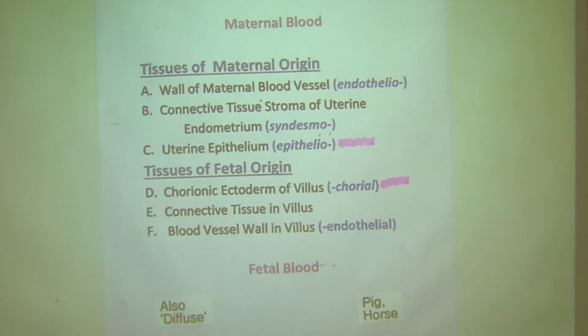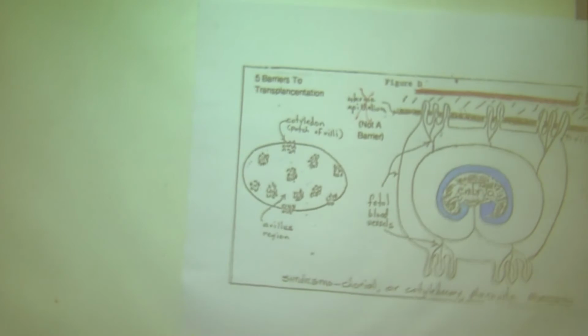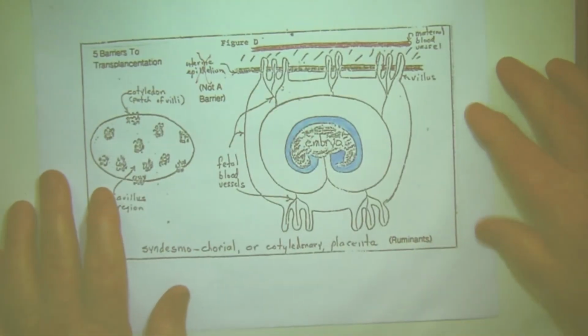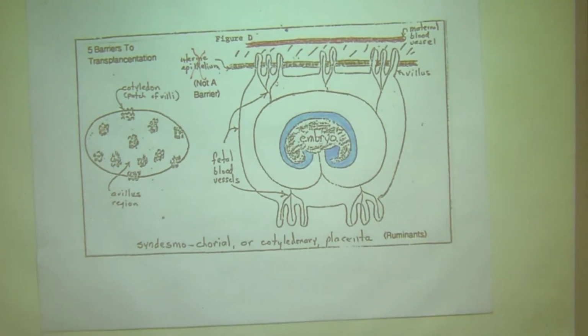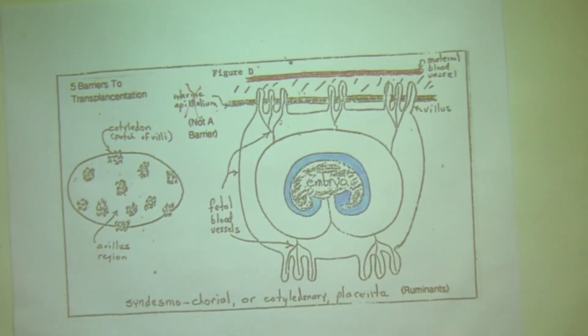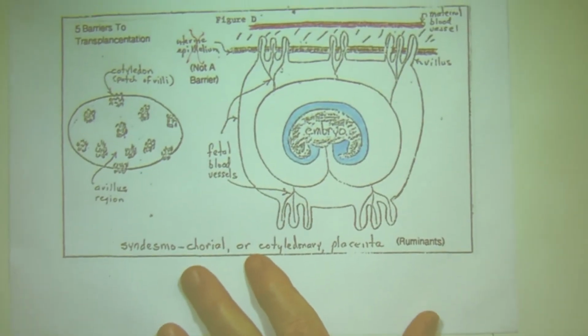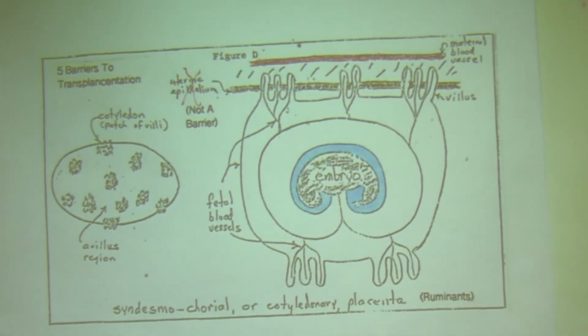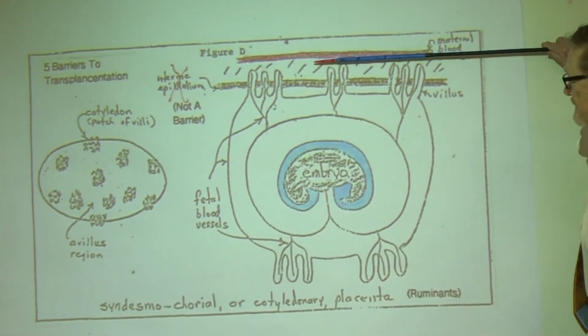Here's the second type of placenta, and it gets more simplified. This one has lost one of the barriers to transplantation. Here we go. Here's the maternal blood vessel.